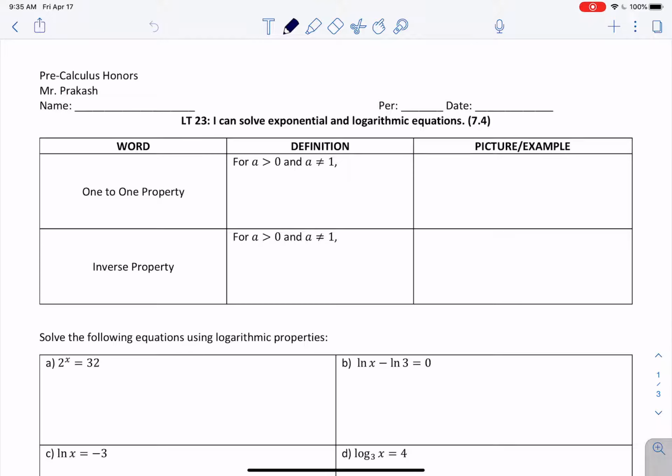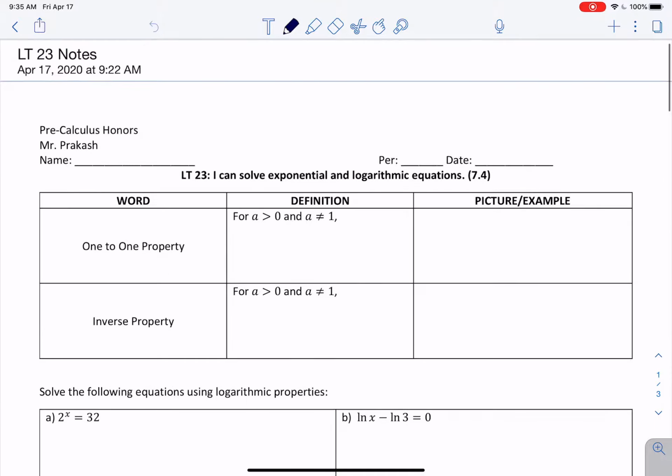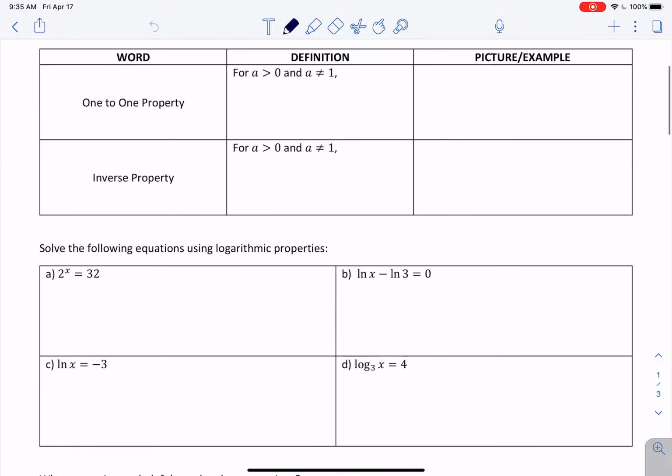Because exponential functions and log functions are inverses of each other, they are one-to-one functions, which means that if you have a to the x equals a to the y, then that happens if and only if x is equal to y.